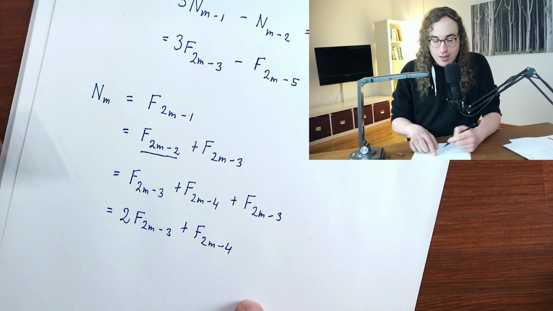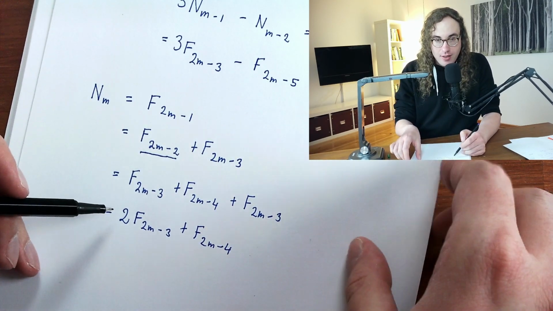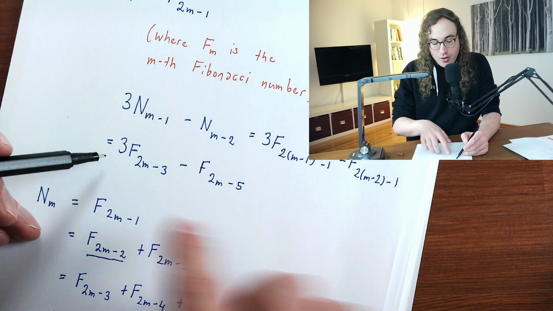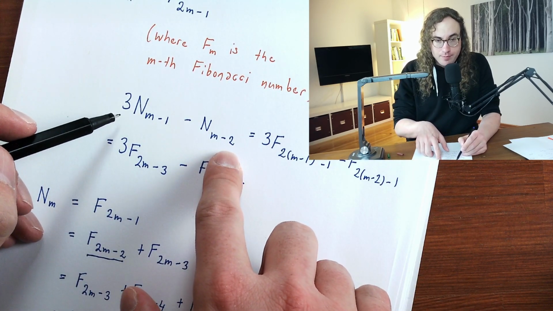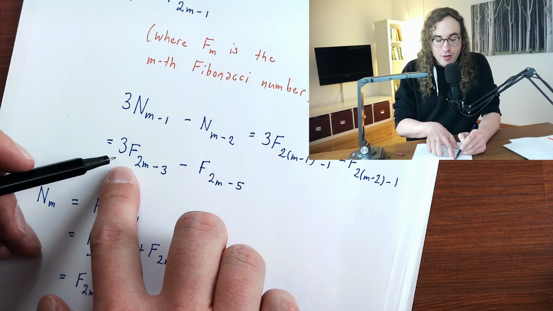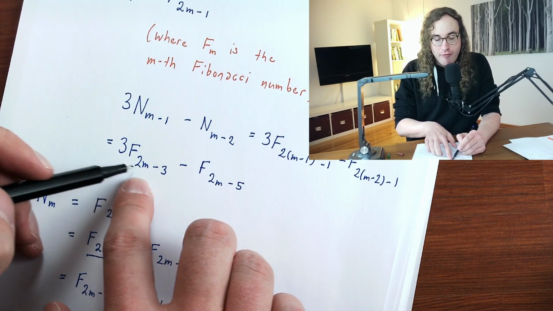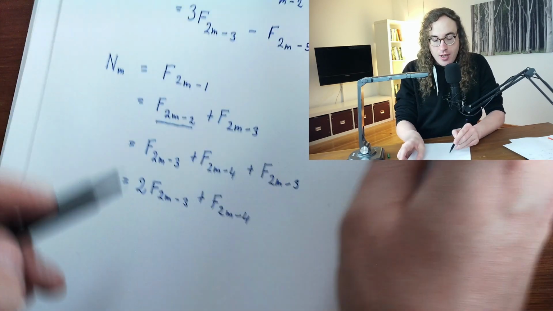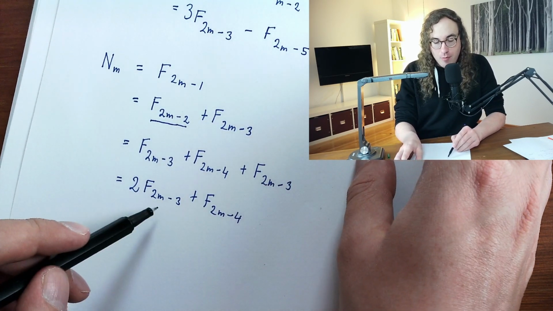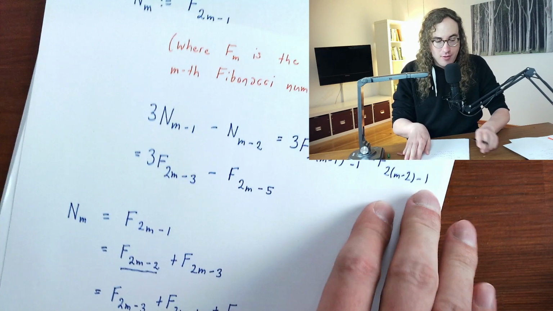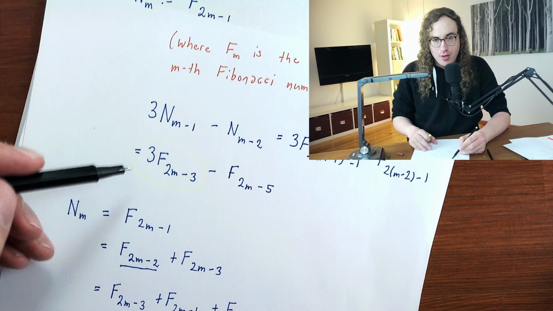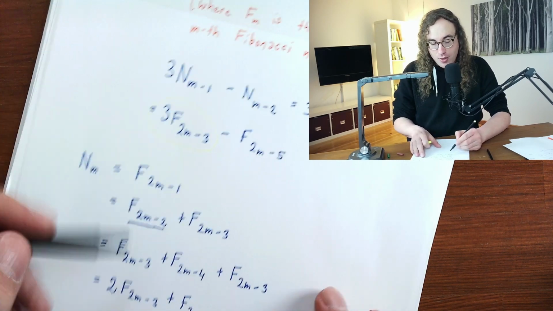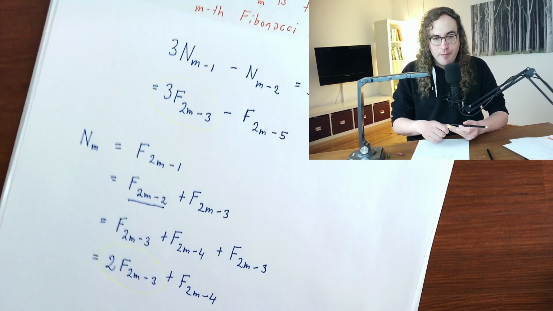Now, why did I do this? Well, because I'm recognizing something. We did this little auxiliary computation here of this term, which we're looking for. And then we had a 3 times f2m minus 3. And here we have a 2 times f2m minus 3. We notice a similarity here, except that here this happens just 3 times, and here it just happens twice.